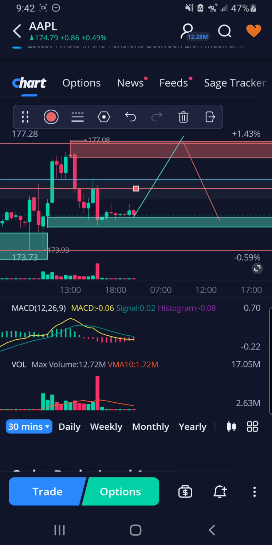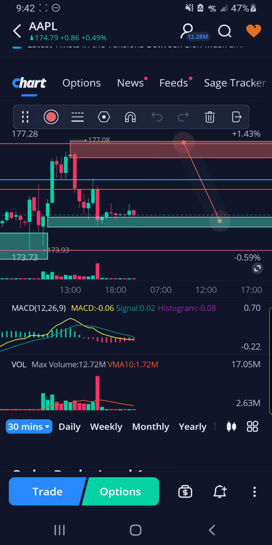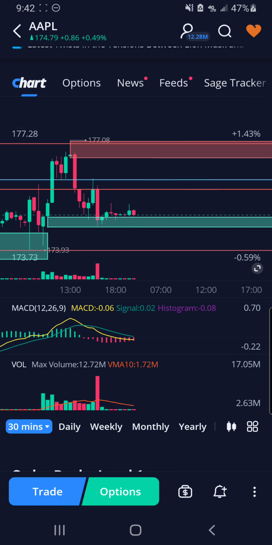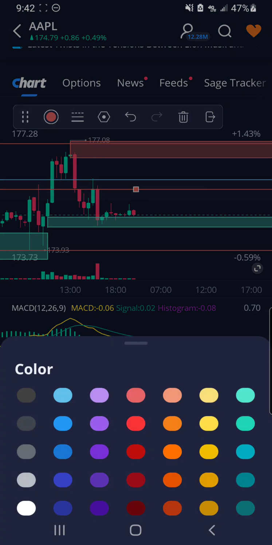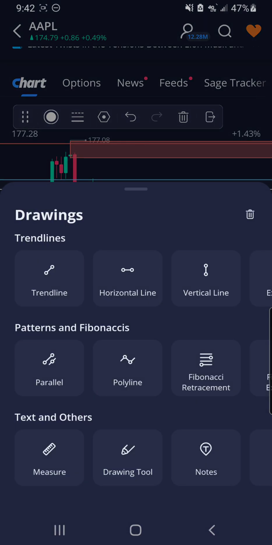This could be a new high. We can get rid of these. And we'll make a rectangle for your range.